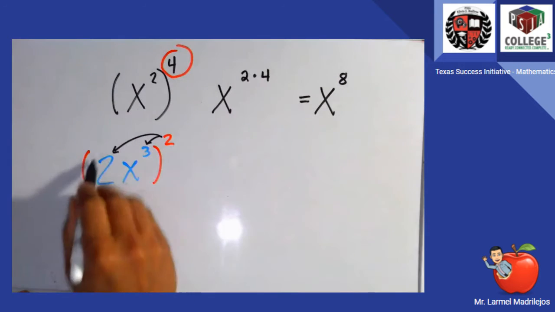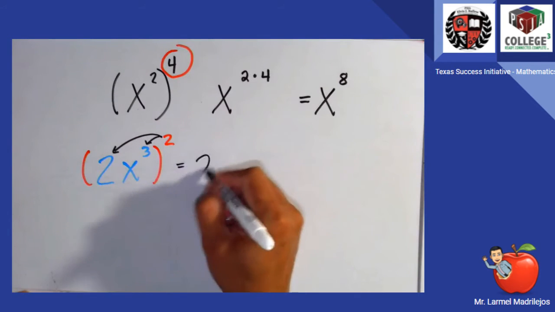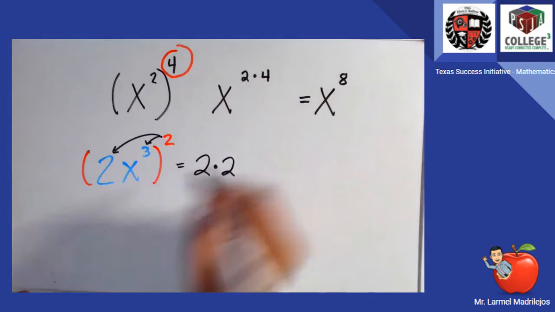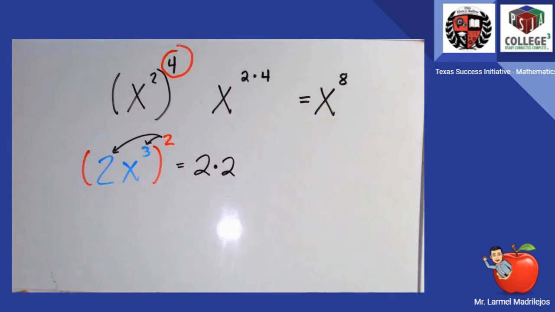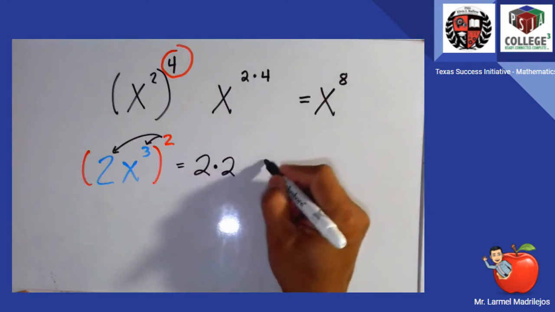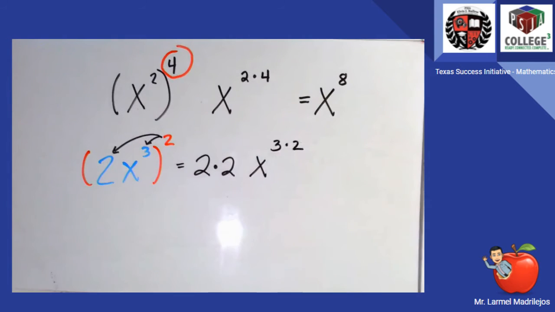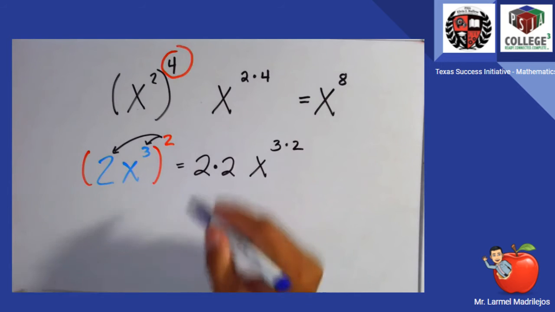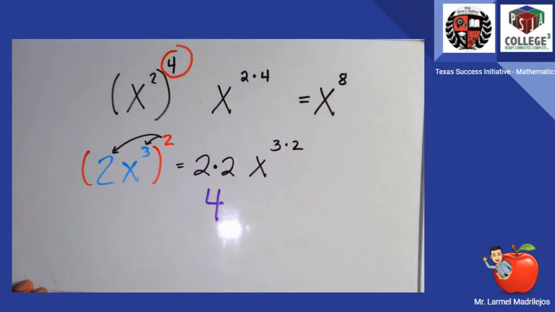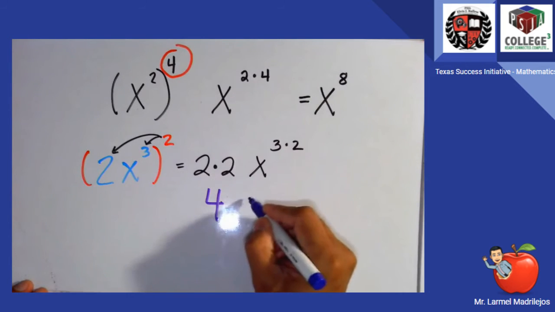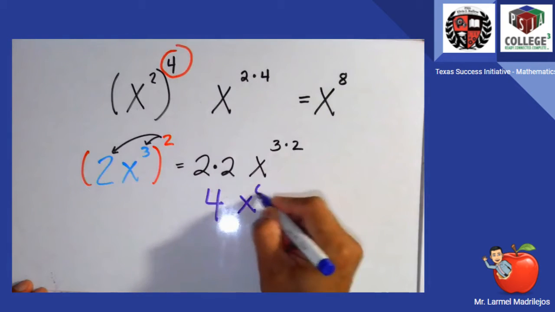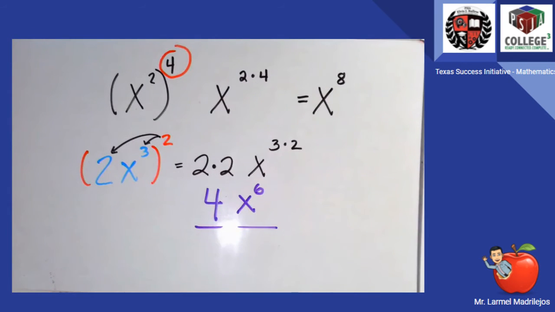So the coefficient is 2 times 2, and the variable is x to the 3 times 2. So the answer is 2 times 2 is equal to 4, x to the 6. That's the answer.